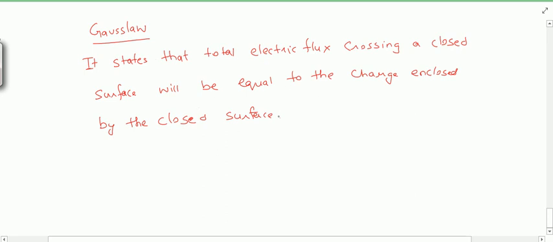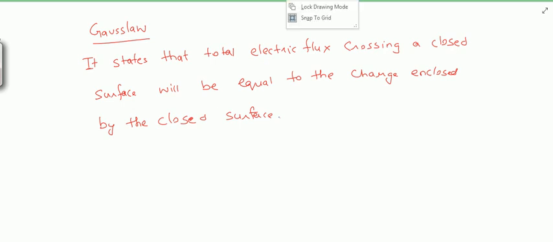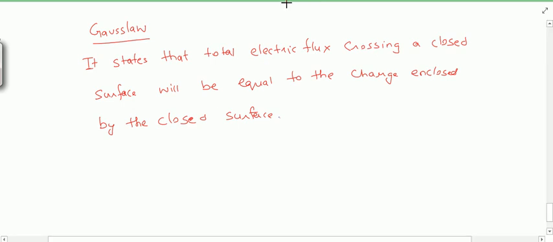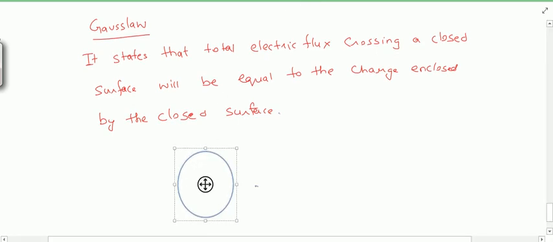So what it means is if I'm considering a surface like this and I want to calculate the electric flux passing through this surface. It is basically a three-dimensional surface, because only a three-dimensional surface can be closed and create a volume. Suppose my surface is like a sphere.